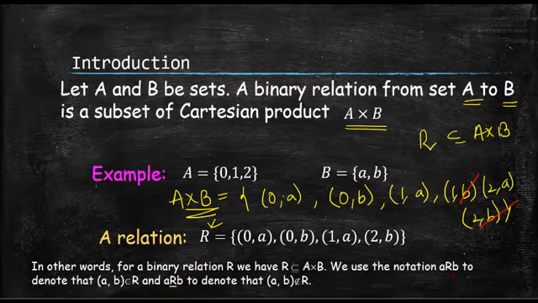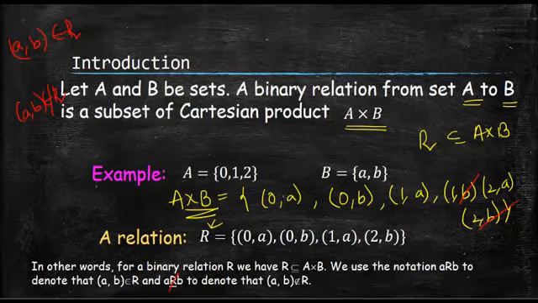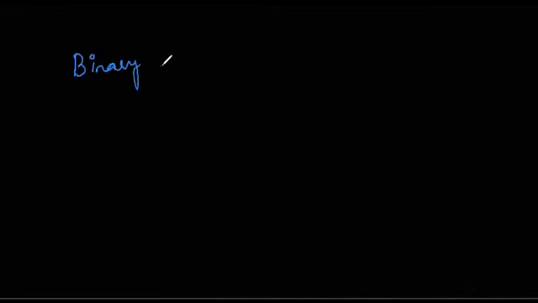What does aRb say? aRb denotes that (a, b) belongs to R. And whenever we want to say that (a, b) does not belong to R, we write a slash over R to denote that it does not belong to R. Binary relations represent relationships between the elements of two sets, and we will also study n-ary relations, which involve more than two sets.